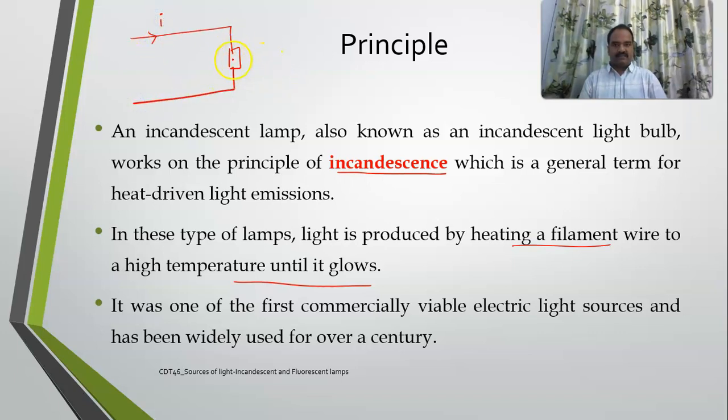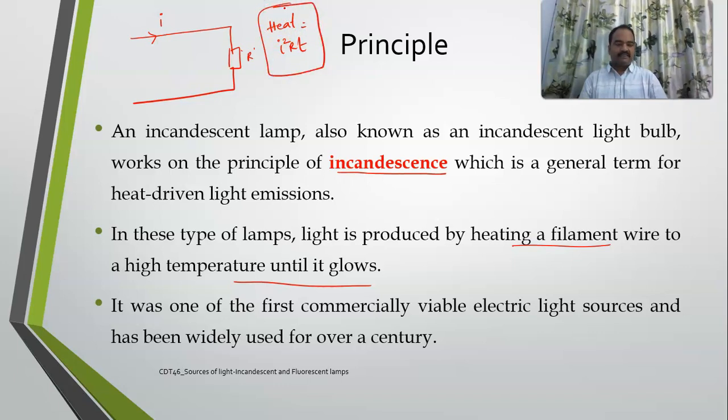Because of its resistance, because any material will have resistance, heat develops, depending on how long you allow the current and the magnitude of current and resistance. This will give rise to heat which is developed in this material.